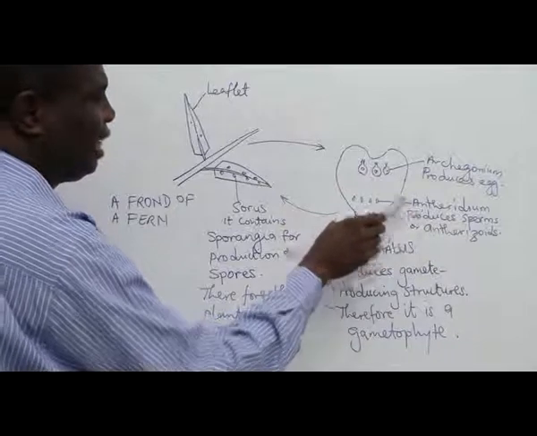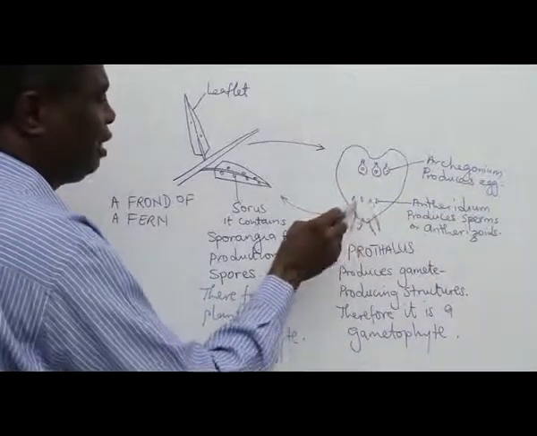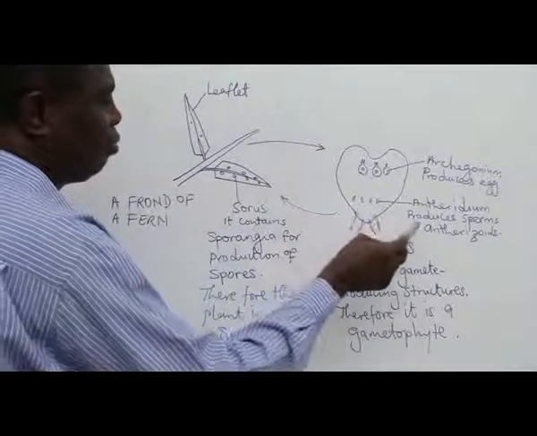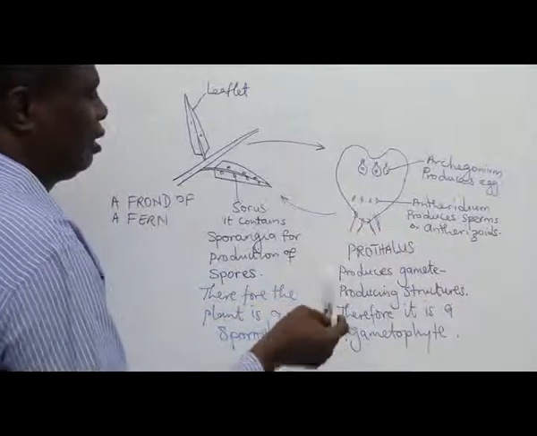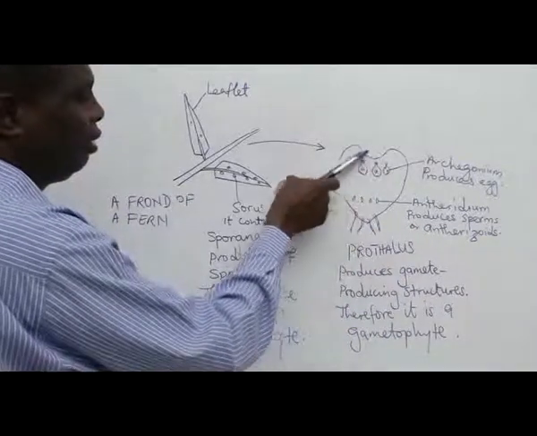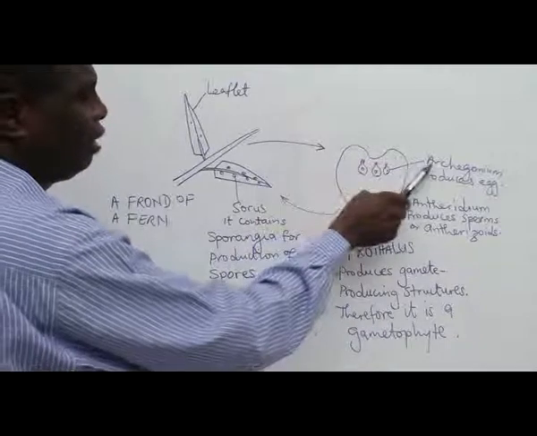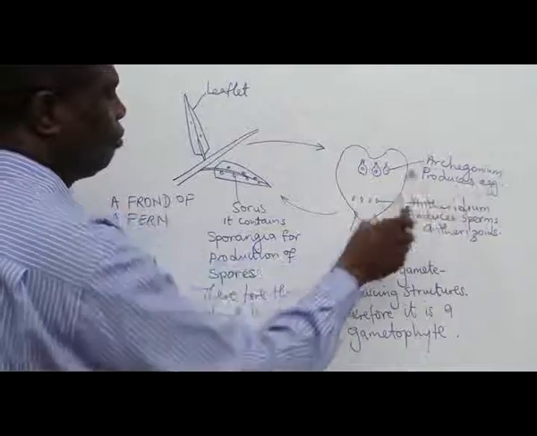Below we have antheridia, one of them antheridium. Each of these antheridia will produce flagellated sperms or antherozoids, which is a gamete. Then at the upper part of it, we have archegonia, singular archegonium.